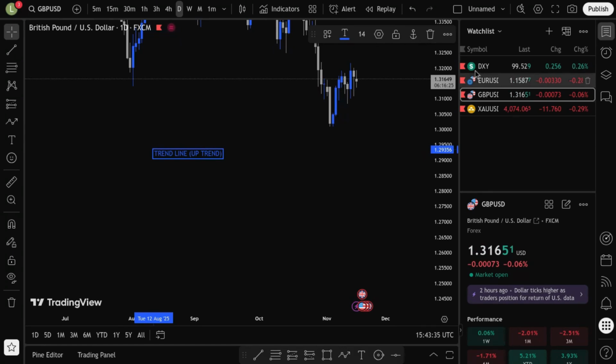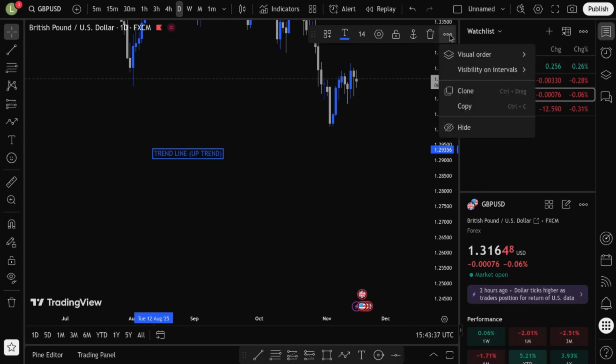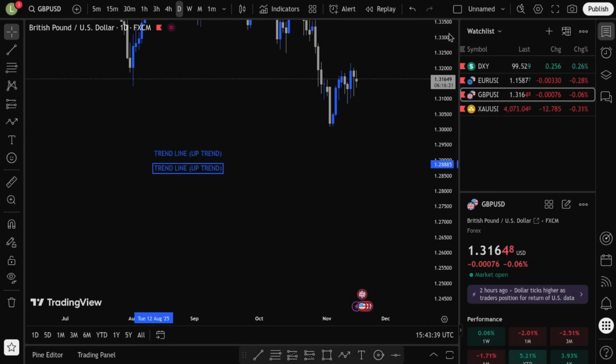Alright, I'm just going to clone this, and I'm going to put trend line in brackets, downtrend. Good. Then I'm going to clone this.